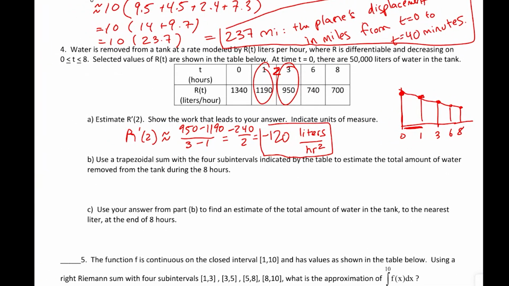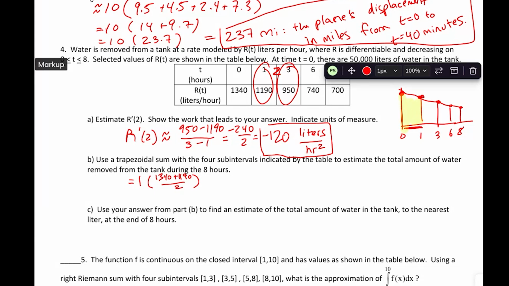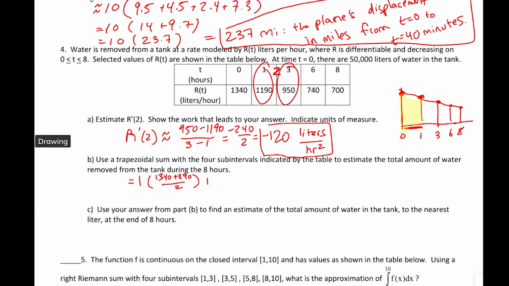So the first one is going to be 1, that's the length here, times the average of 1340 and 1190, so 1340 plus 1190 divided by 2. That's the area of the first trapezoid. The area of the next one will be 2, because that's the length of this one, times the average of 1190 and 950.